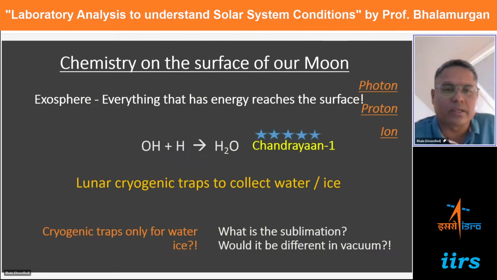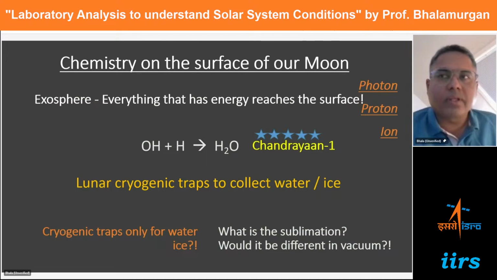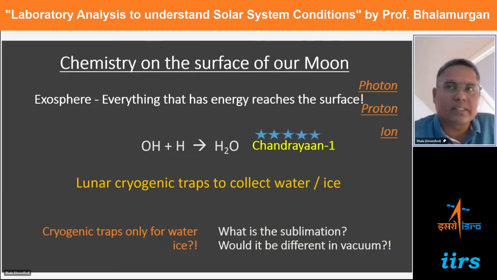Now we are going to see a slightly unusual thing. Even though the moon does not have an atmosphere, it has an exosphere. It has places where it can accumulate the molecules, and these places are the cryogenic traps. The temperatures are very, very low, so the molecule has the ability to stay on the surface.